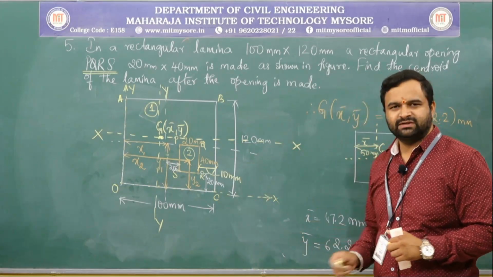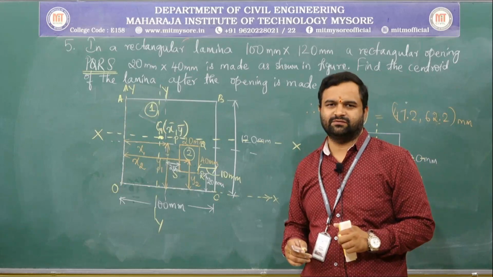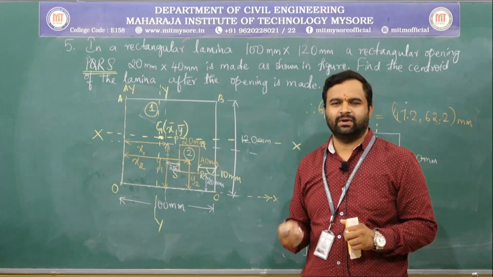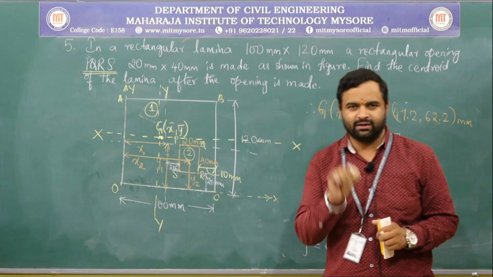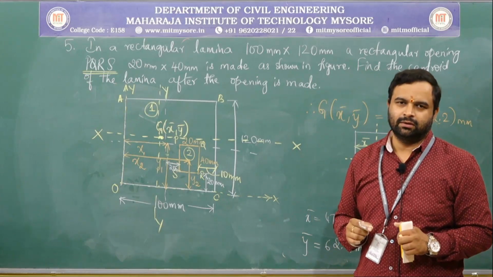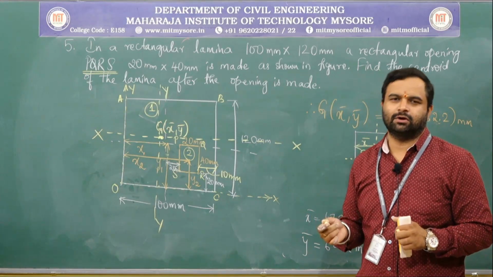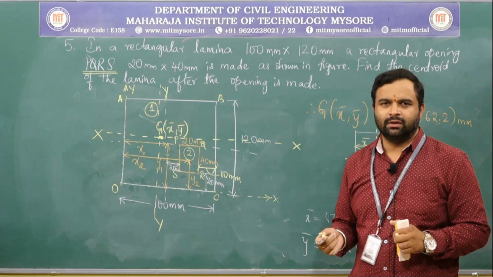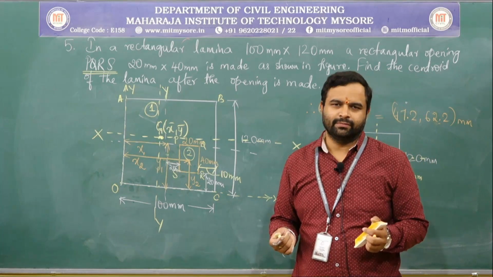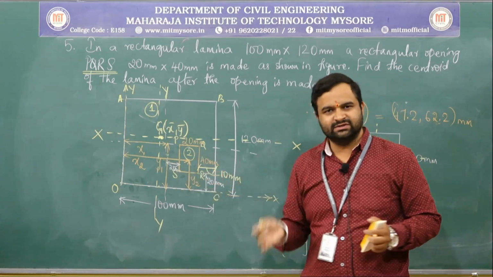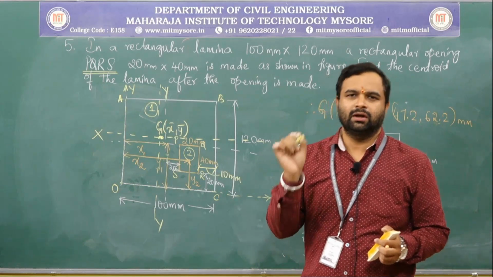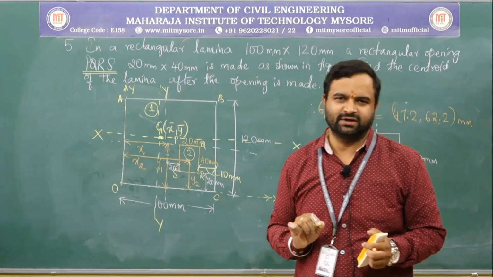So, we will be discussing similar problems of this kind, wherein we will be having an opening made in the composite section. If it is a regular composite section without an opening, it will be very easy to solve. Even if you have an opening, it is easy, but you have to write the area with a negative sign.